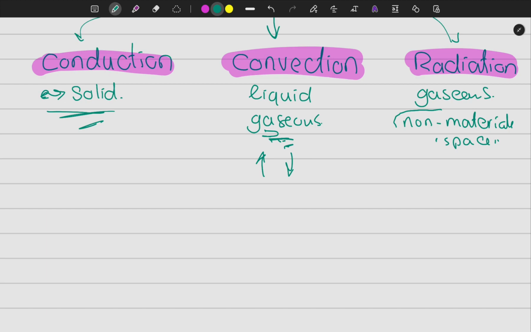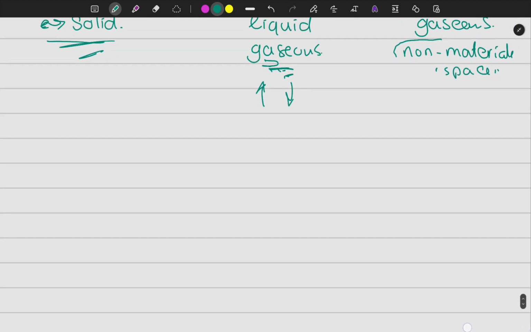We have now some life applications of heat transferring. Let's type them. Life applications.